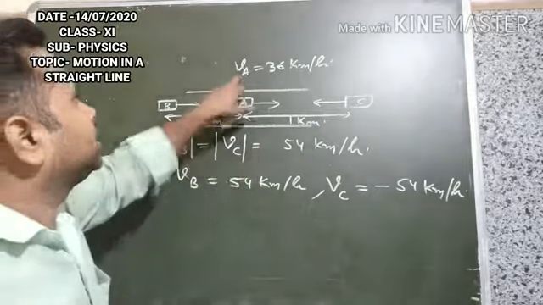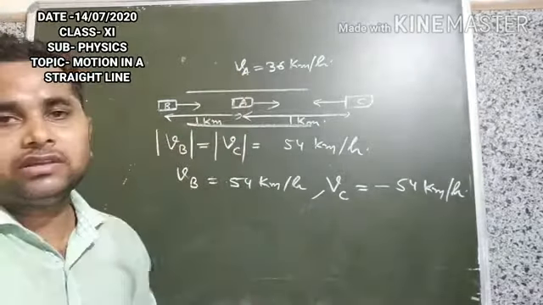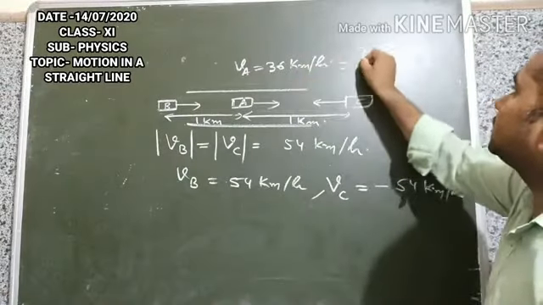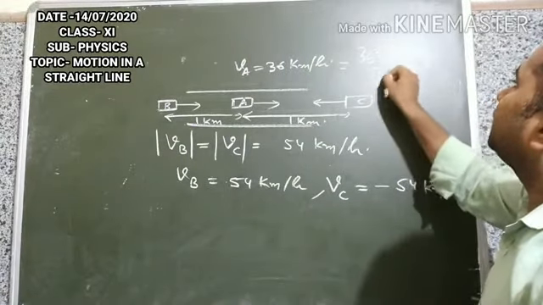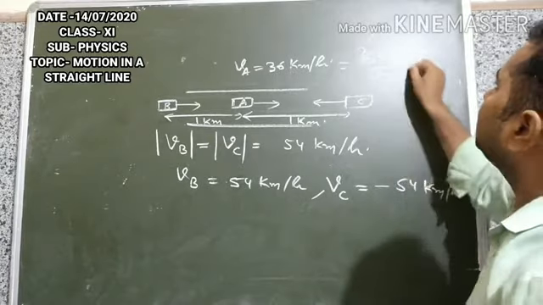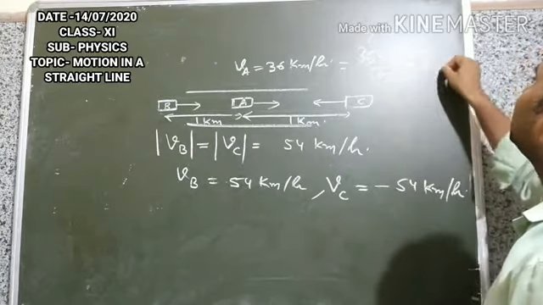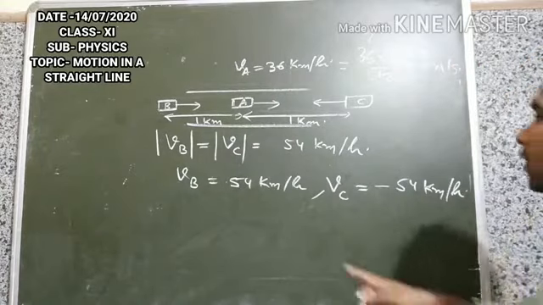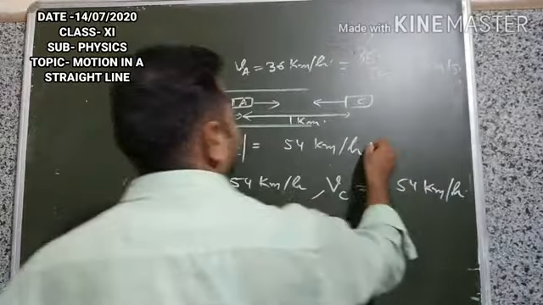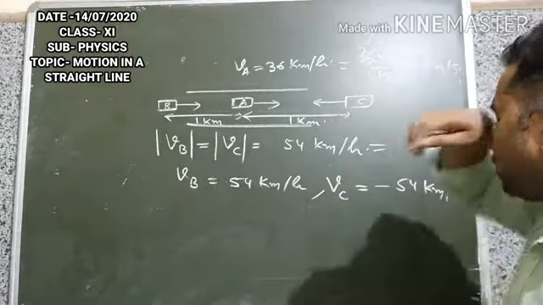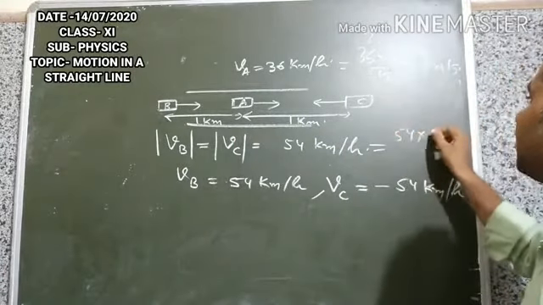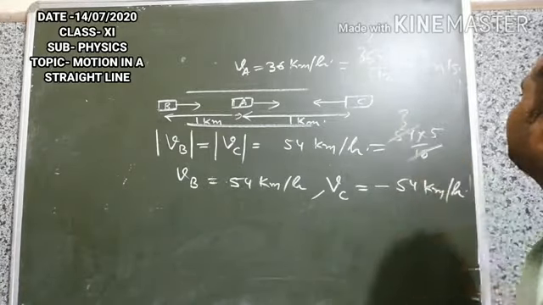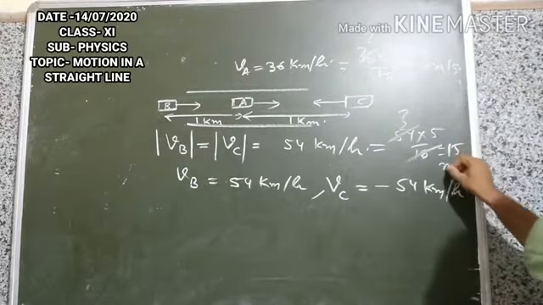Now you can convert all these VA, VB, VC into meters per second. 36 times 5 by 18, 18 twos are 36, 2 fives are 10 meters per second. So this is the velocity of car A. Now for car B and car C, the magnitudes are 54 multiplied by 5 by 18, 3 times 5 is 15 meters per second.